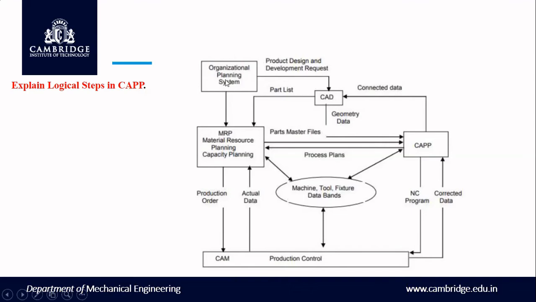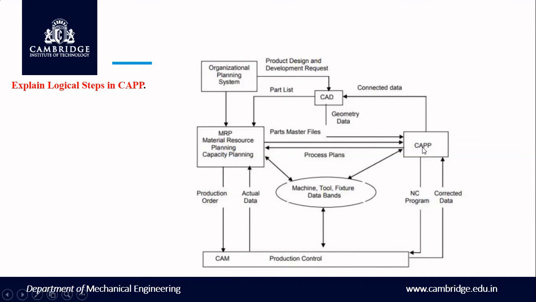Okay, the organizational planning system will be there. At one end of the organizational planning system, the product design and development request will be given, and then the CAD model, everything will be done, and then the geometry data. After the CAD model you have to give the part list. It will once again come back to the MRP, material requirement planning, capacity planning. Okay, after that, production order, actual data once again, and then parts master files.